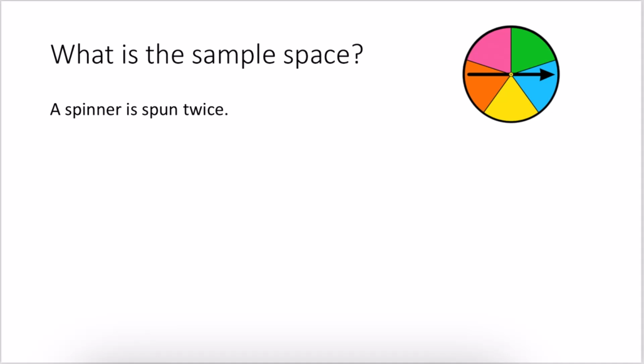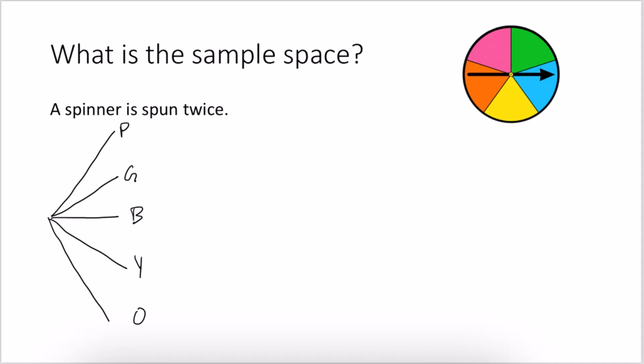So the first event, when we spin this spinner, has 5 different outcomes, because we could get pink, green, blue, yellow, or orange. So this choice tree represents all of the 5 different options I could have when I spin the spinner the first time.